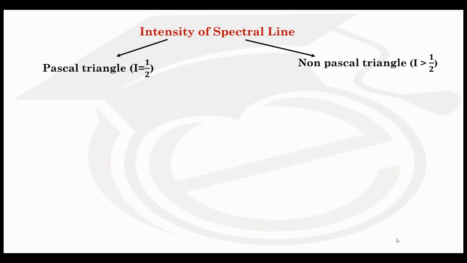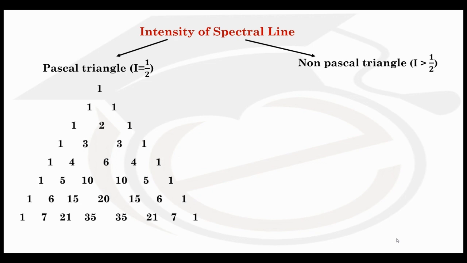I think you are familiar with the Pascal triangle. It's an arrangement like a triangle, and the rows start with the number 1. Here we can assume that there is a 0, then 0 plus 1 is 1. Again here also we can assume a 0, then 0 plus 1 is 1.